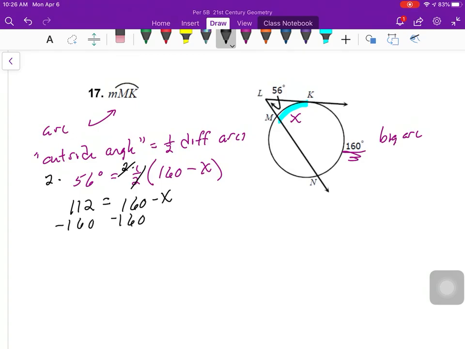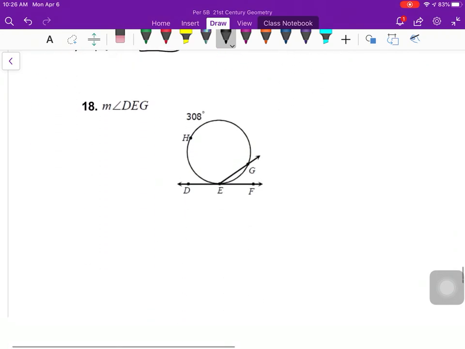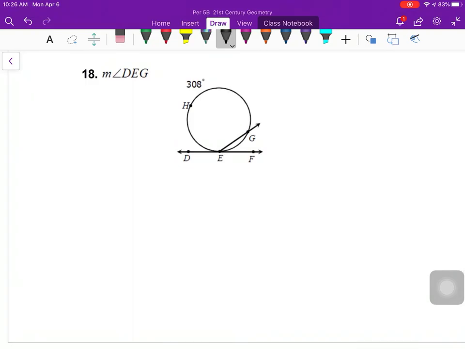Multiply by 2 on both sides. 112 equals 160 minus x. Subtract 160. Negative 48 equals negative x. Divide by negative 1. x equals 48. The measure of arc MK equals 48.